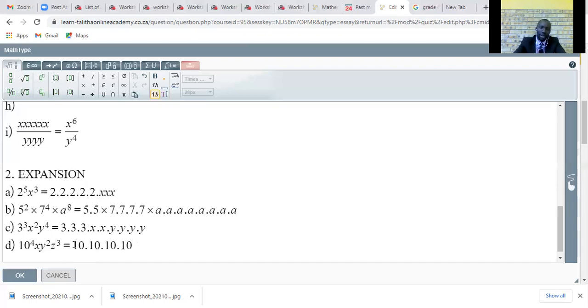Then we have y appearing twice. So once, twice. Then we have a z appearing 3 times. So once, twice, 3 times. So this is how we simplify. This is how we simplify the questions given in the name of expansion.